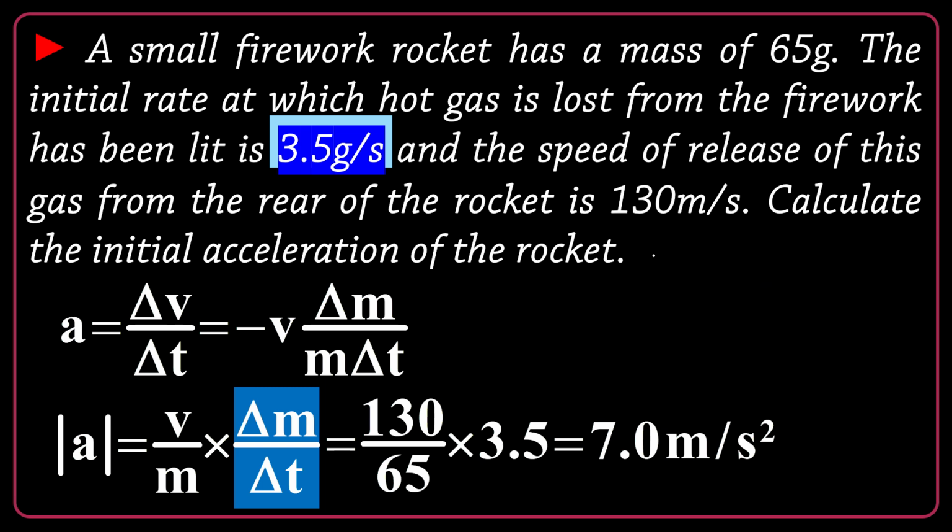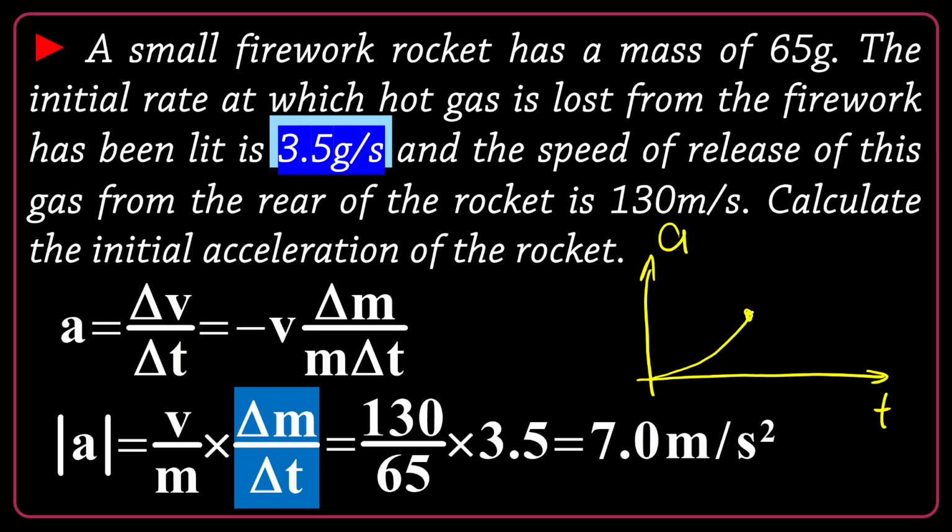So if I draw the graph, the acceleration of the rocket technically cannot be constant. It will increase, increase, and increase. And then finally, it will go to zero. What do I mean by that? Let's say the acceleration increases to a maximum, and it may be like that.